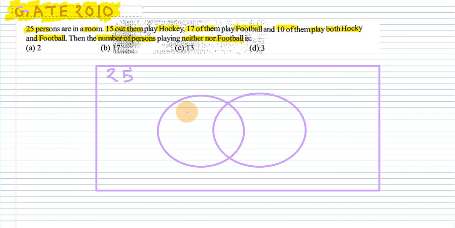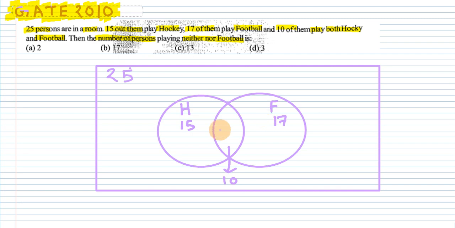Now suppose this first circle represents hockey, and the number of players in hockey is 15. And suppose this region represents football, and the number of players in football is 17, and this is the common region in which the players who play both hockey and football, they were 10, right? Now they have asked for the persons who play neither hockey nor football.